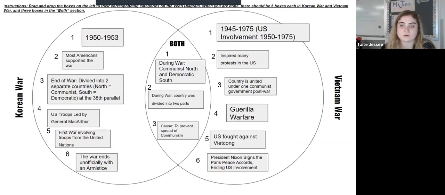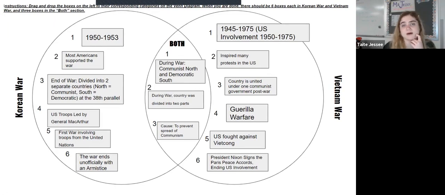In this activity, the main thing we're going to do is clarify some confusion between the Korean War and the Vietnam War. Both wars were fought against communism. Under causes, it says both wars were fought to prevent the spread of communism. That's one thing they have in common.